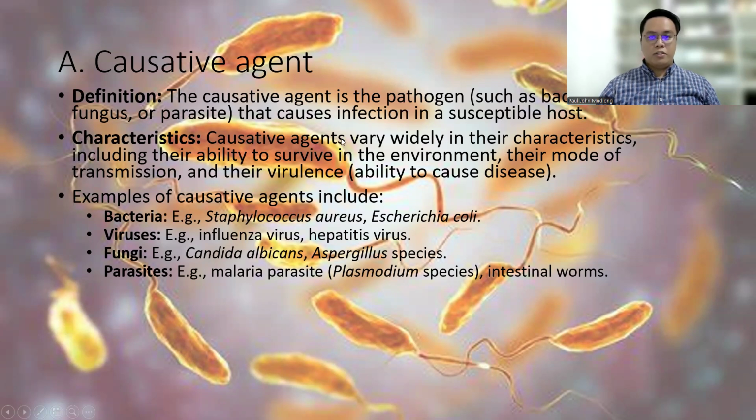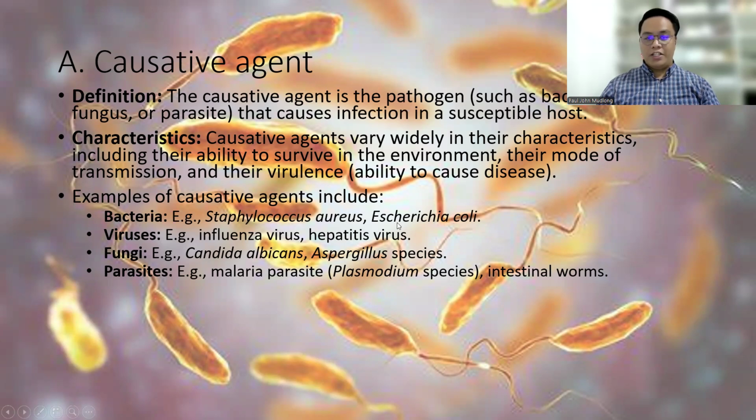Characteristics of a causative agent vary widely, including their ability to survive in the environment, their mode of transmission, and their virulence. Virulence means their ability to cause disease.